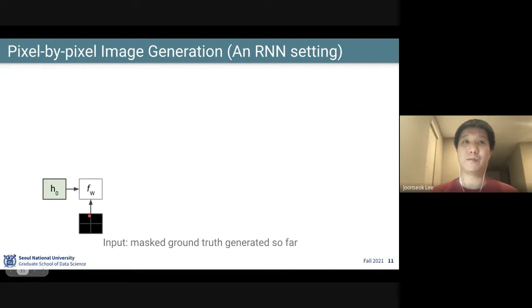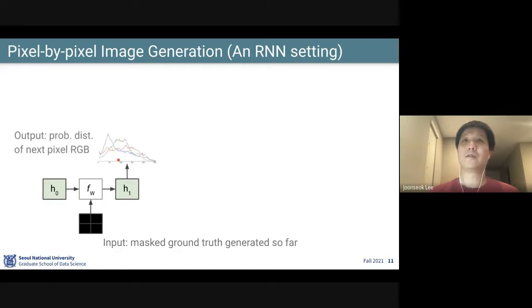We take this input and the previous hidden state, and update them using some formula. We're going to see that again. To update the hidden state to the new state. And it outputs whatever we want, which is, in this case, the distribution of the RGB channels. So for the first pixel, given nothing, we are going to generate the first pixel at the first step.